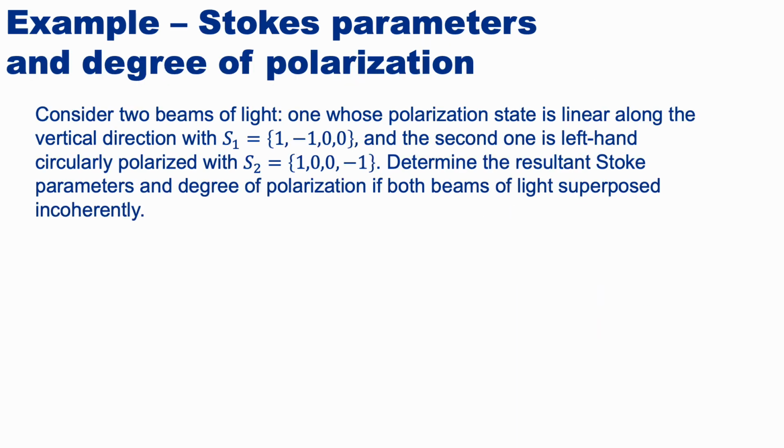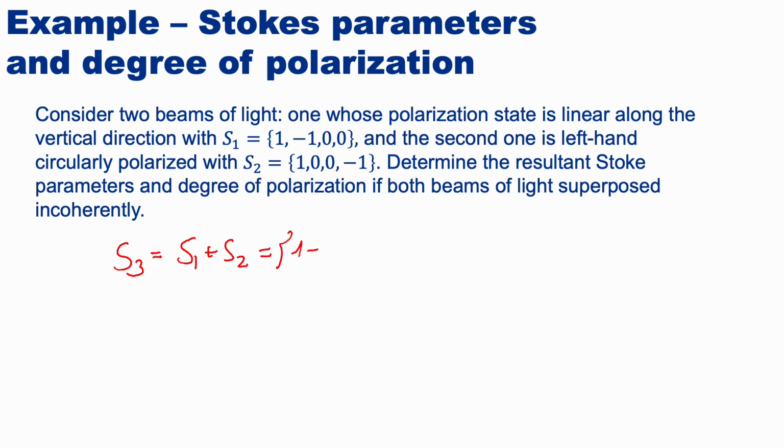Something that is super useful with Stokes parameters is that you can do incoherent superposition of them. So let's assume that you have 2 beams of light that are incoherent, and for each of them you have characterized the polarization state based on the Stokes parameters. You can define the resultant Stokes parameters of the light by superposing the individual Stokes parameters.